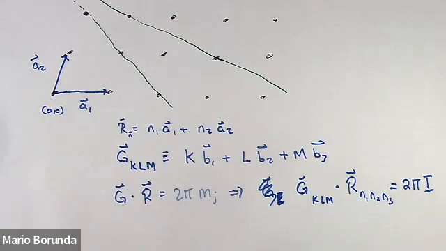So how do I define those lines? If I wanted to tell you this is the line that we're interested in, or this is the plane that we're interested in, or this is the plane that we're interested in. Actually those lines or those planes are defined by these values, the K, L, and M values.